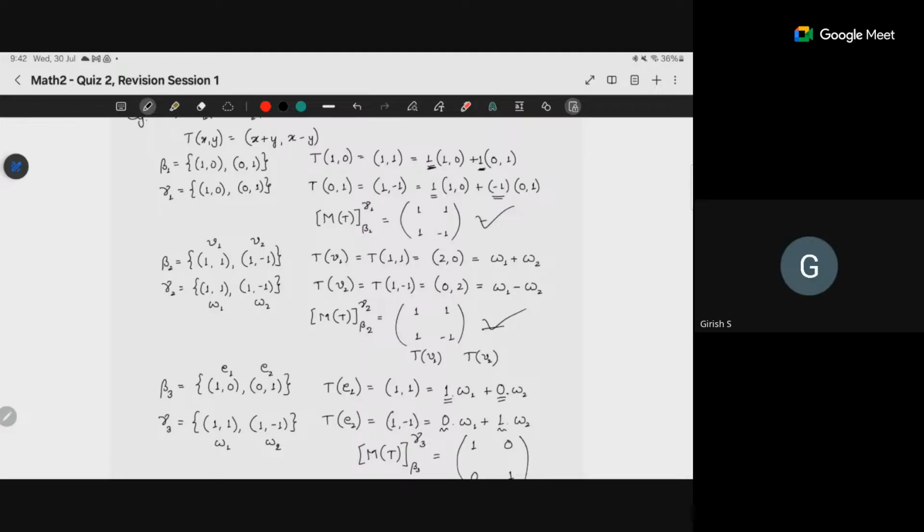In this case, they are the same, so it's not saying much. But in general, if you take the same basis for the domain and the codomain, and you make different choices, like you take beta 1 and gamma 1 once, and beta 2 and gamma 2 the second time, then the matrices that you obtain are similar.